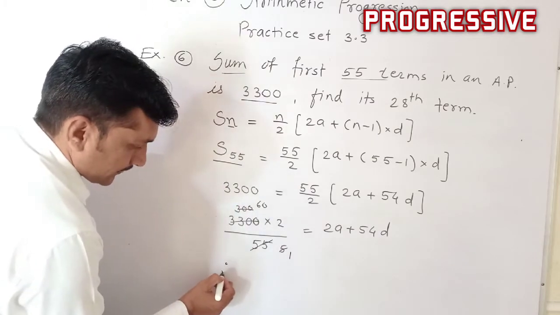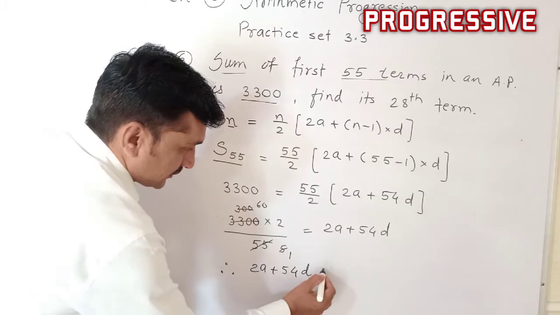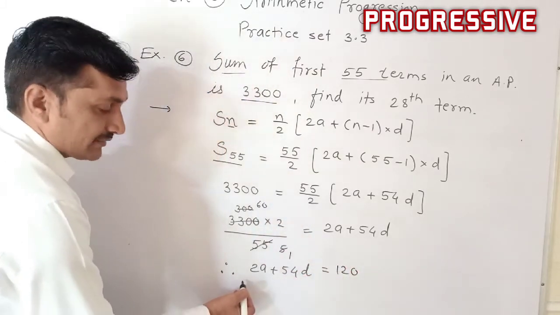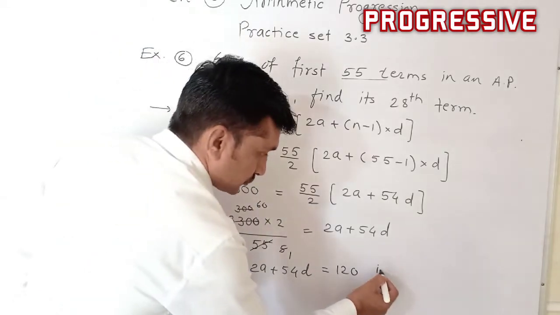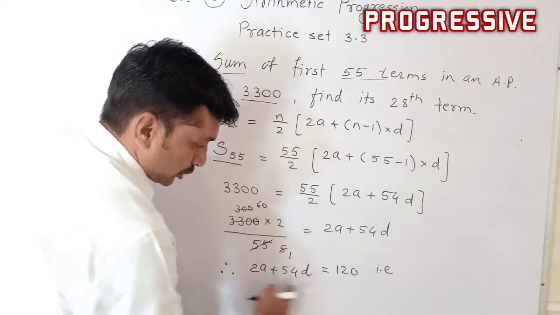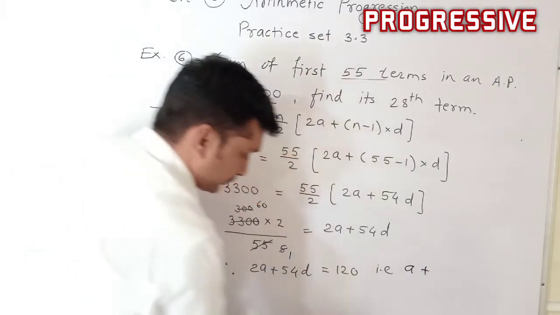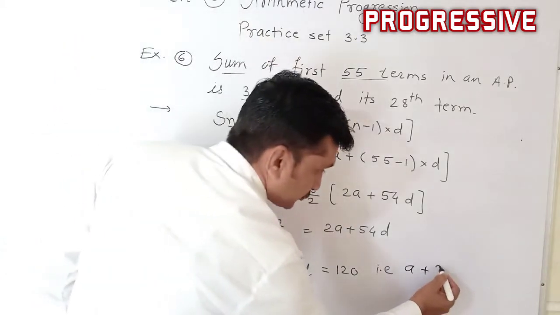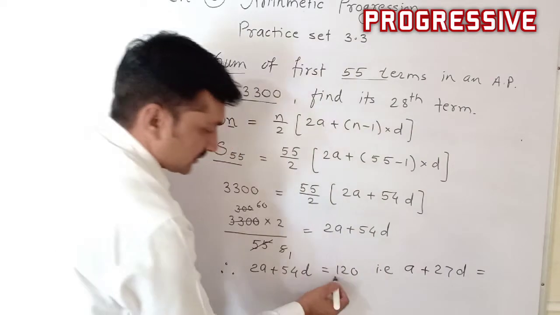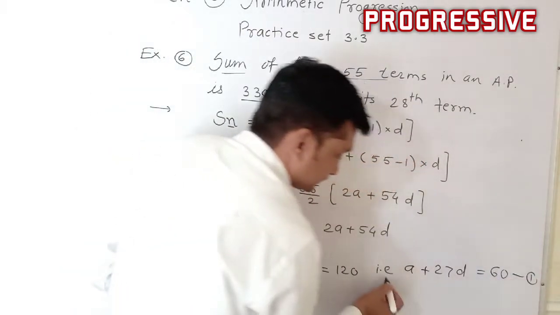Therefore 2a plus 54d is equal to 120. Again we can divide everything by 2: we get a plus 27d is equal to 60, and give here number 1.